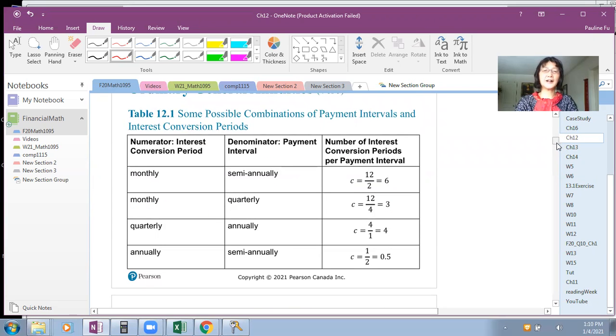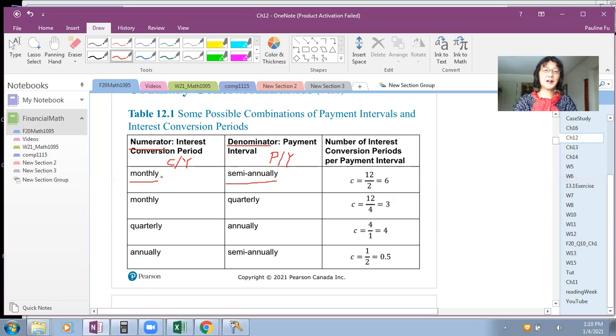So let's look at the examples. The numerator is the interest conversion periods per year, CY, and the denominator is the number of payments per year, PY. If interest is compounded monthly and you make payment semi-annually, what is C?